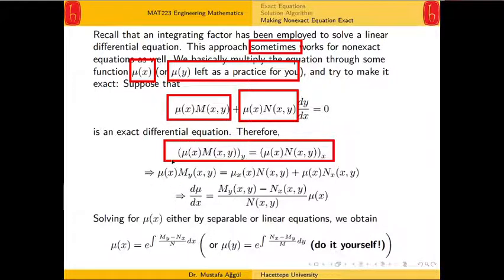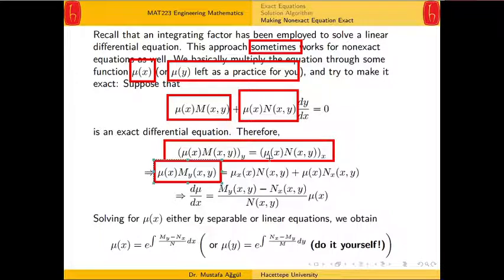This will come out, and then we have the function M(x,y), whose partial derivative with respect to y will be M_y. So we are done with this part. On the right hand side, we have a function of x times another function of x comma y.